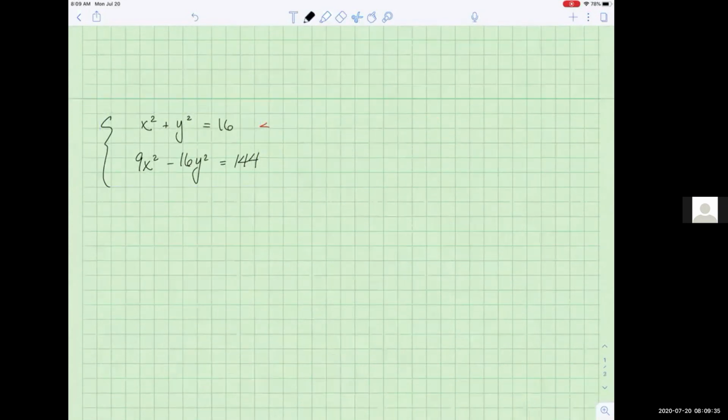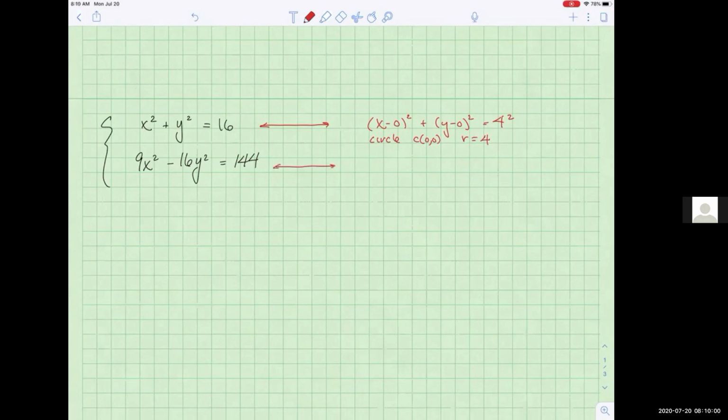If we rewrite this, this is x minus 0 squared plus y minus 0 squared is equal to 4 squared. So this is a circle with center 0, 0, and radius 4.